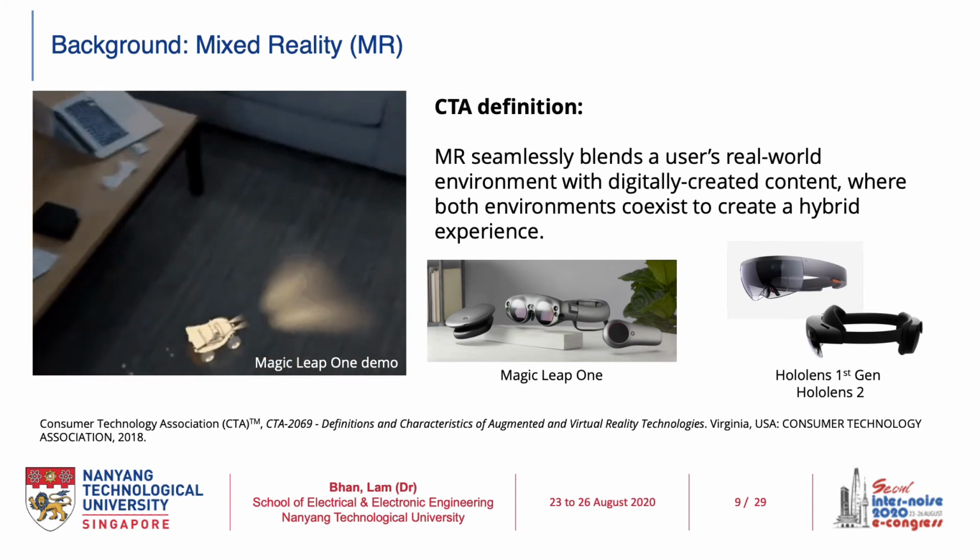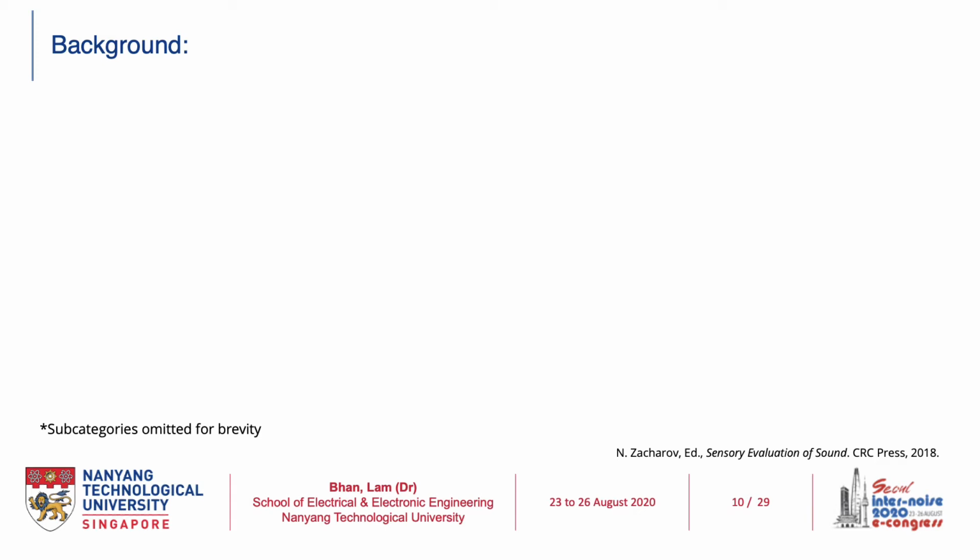As introduced earlier, sound is subjective in nature, and there has been a large number of subjective evaluation methods developed across many subfields of acoustics. For instance, audio quality evaluation, psychoacoustics, and soundscape evaluation, just to name a few.